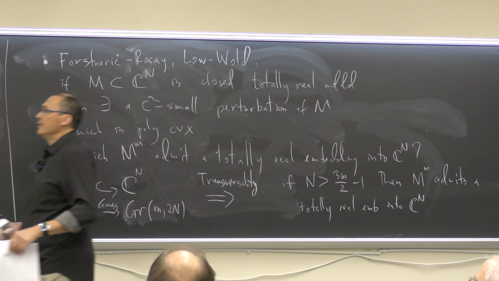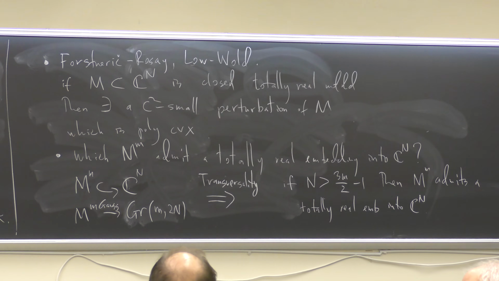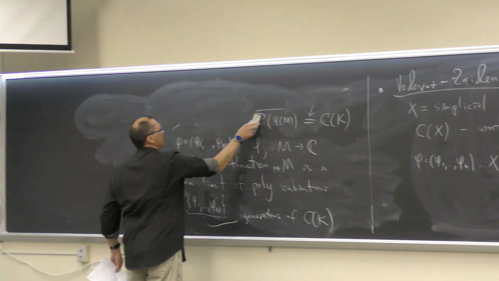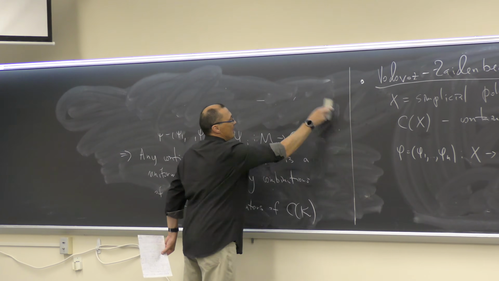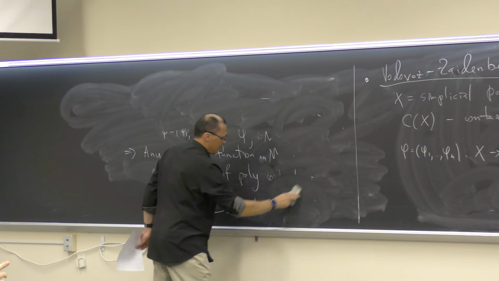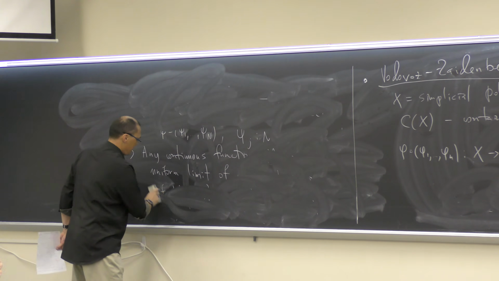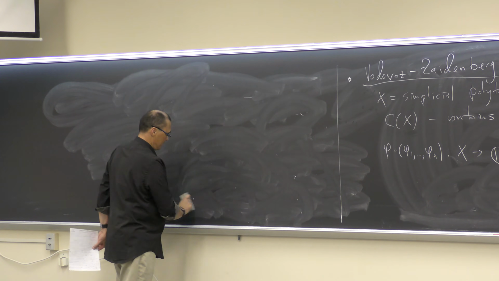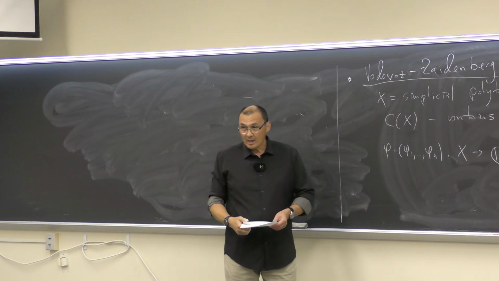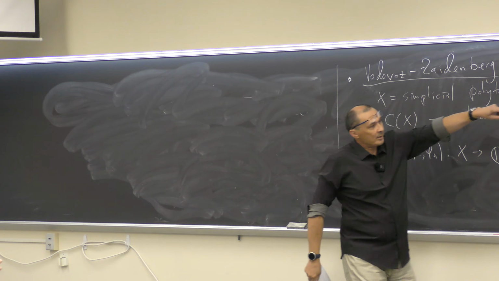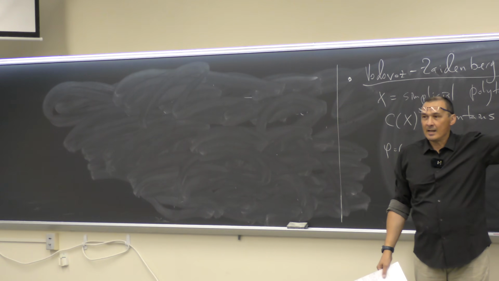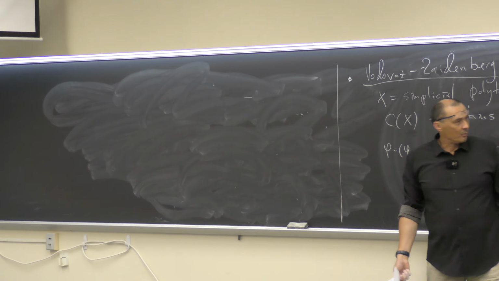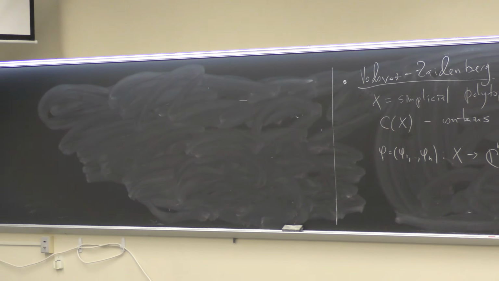If you look at a specific class of manifolds, or a particular manifold in mind, then... there's something wrong in the case when m is 1, and if n is 1, it doesn't seem to be the right answer. But you can embed a circle. If you embed a circle in C, then it's not polynomially convex, but yes, this is totally real. So S1 in C is totally real.